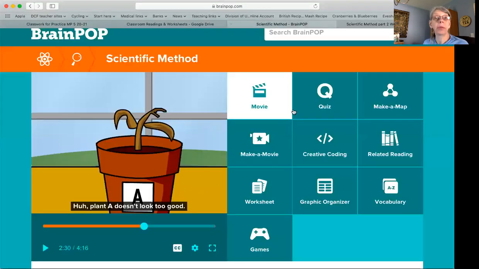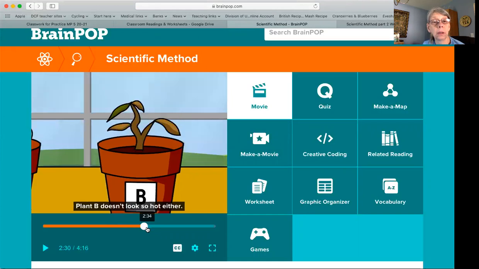Okay, closer look at plant B. All right, hasn't lost any leaves, but 3 of them have turned brown, and the stem has turned brown, and it hasn't grown.